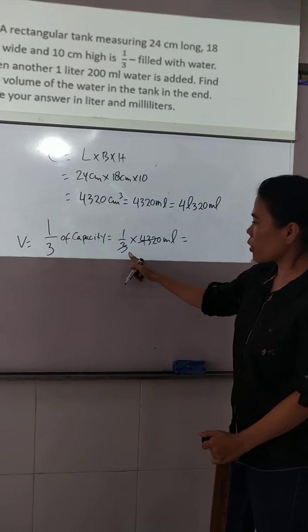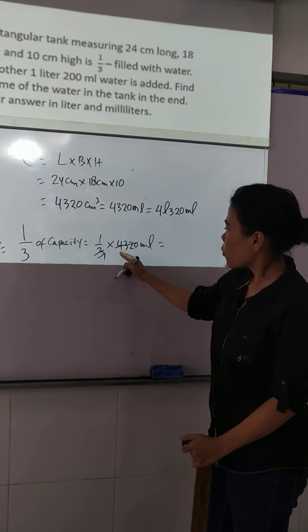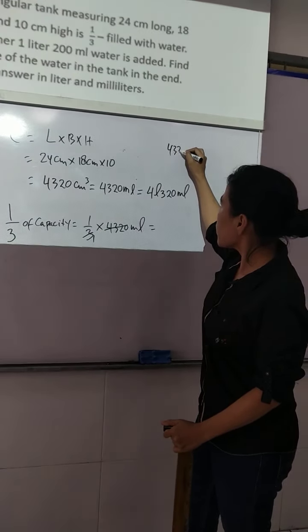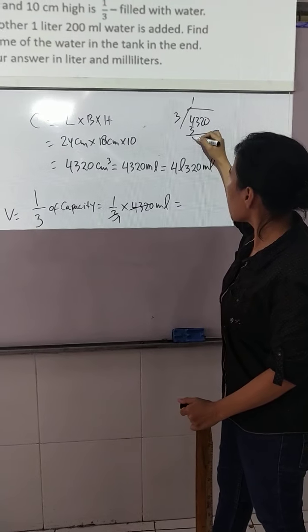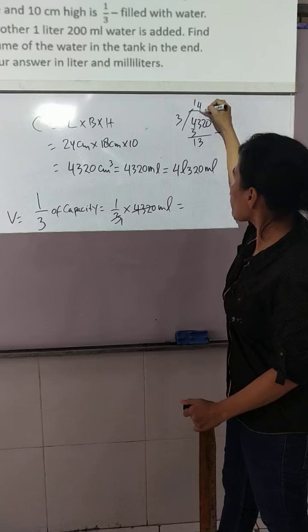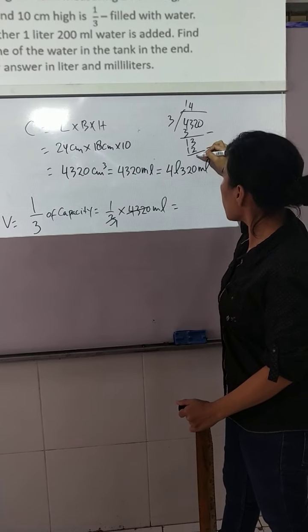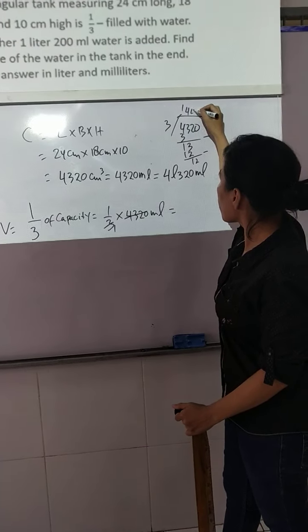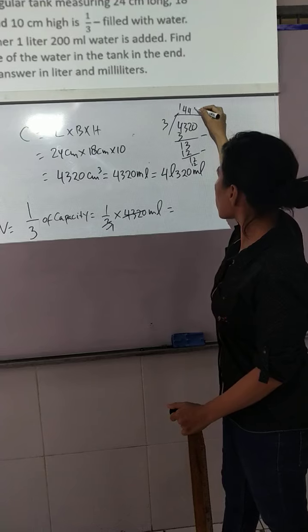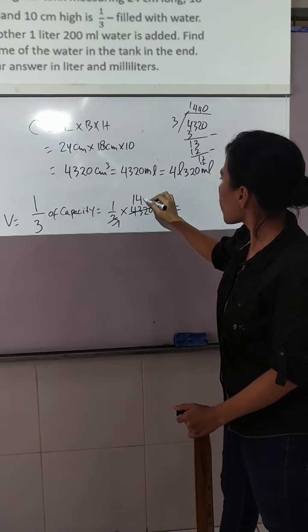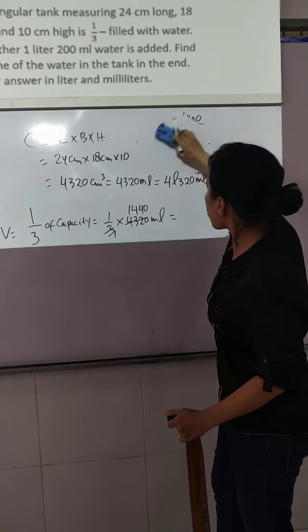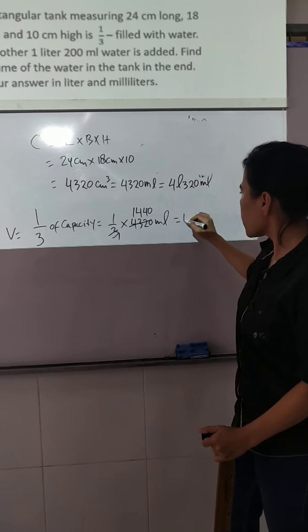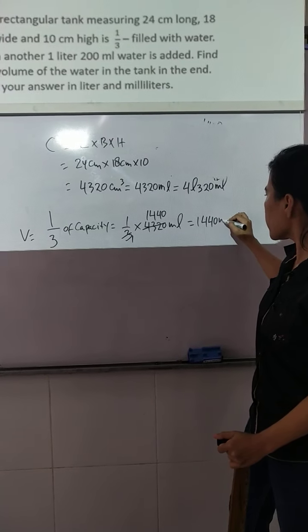Both divided by 3. 3 divided by 3 is 1. 4,320 divided by 3. 4 divided by 3 is 1 remainder 1, 13 divided by 3 is 4 remainder 1, 12 divided by 3 is 4, 0. So it's 1,440 milliliter.